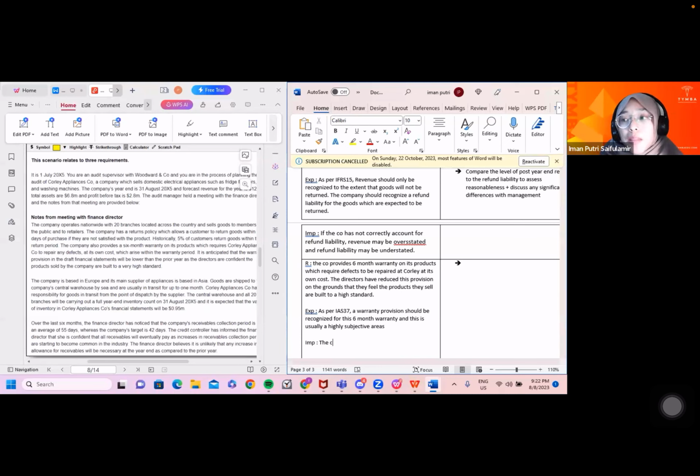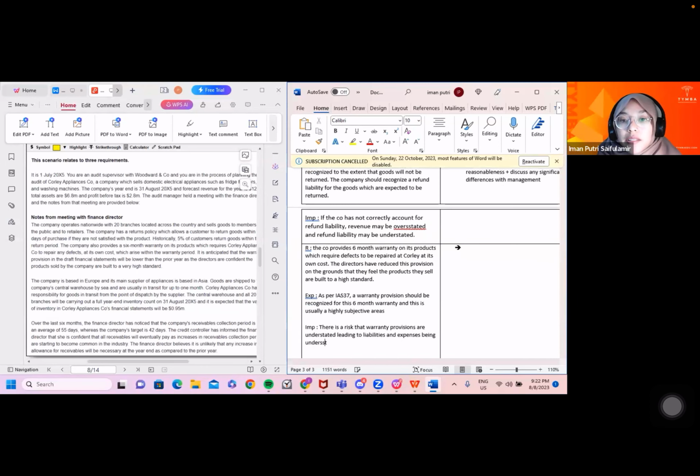Basically, if they have not accounted for this properly, there is a risk that warranty provisions are understated, leading to liabilities and expenses being understated.